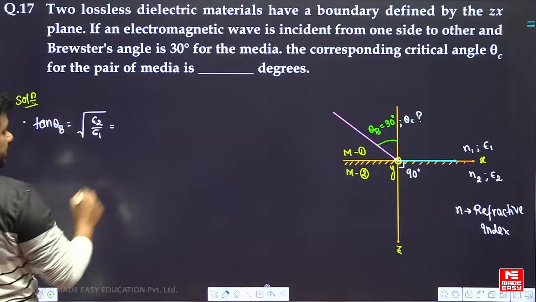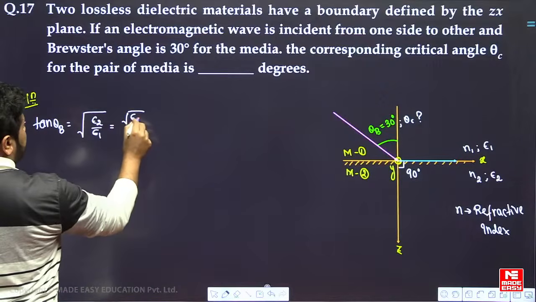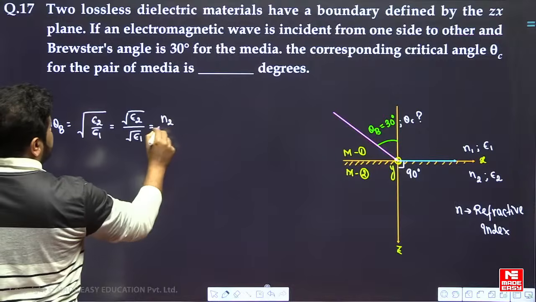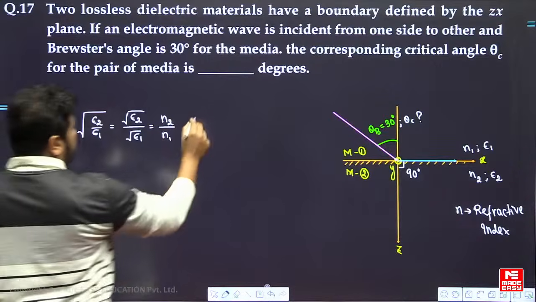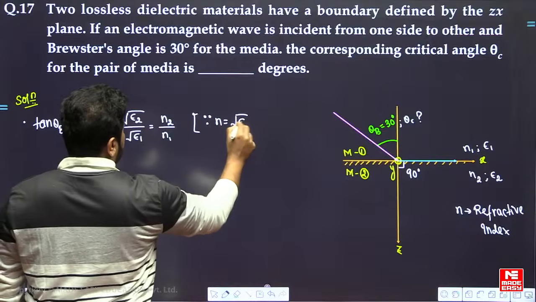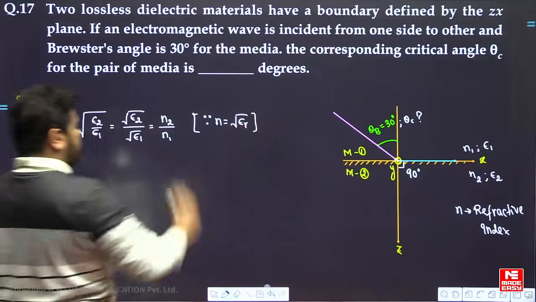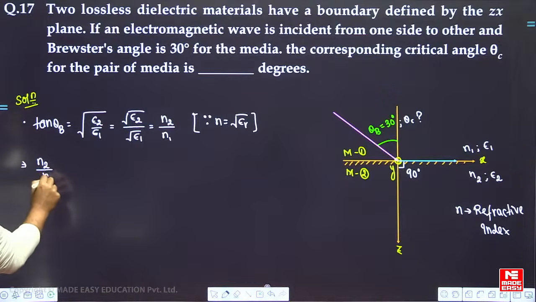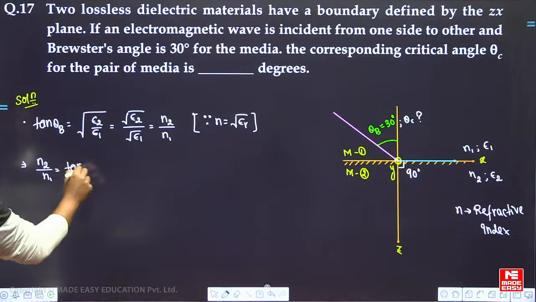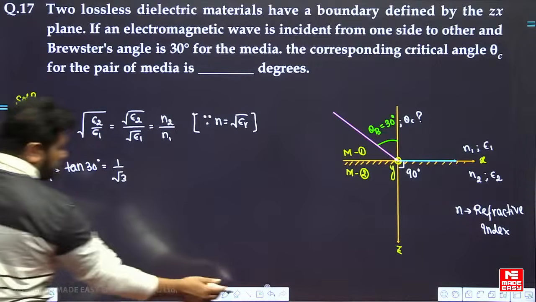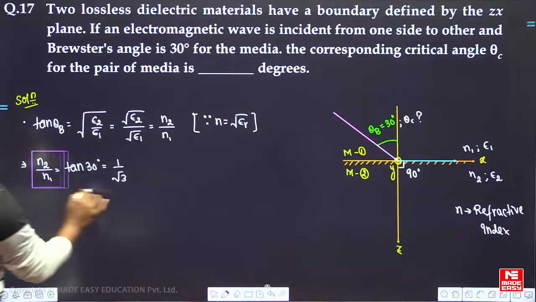Can I write it like this, root epsilon 2 upon root epsilon 1, and this is nothing but the refractive index n2 upon n1, because the refractive index n is equal to root under epsilon r. So what is the value of n2 upon n1? n2 upon n1 is equal to tan of 30 degree. Tan 30 is 1 by root 3, right? So we have got this value.